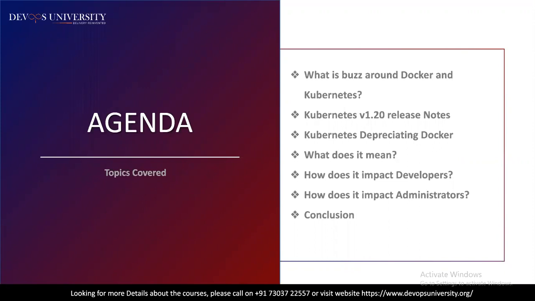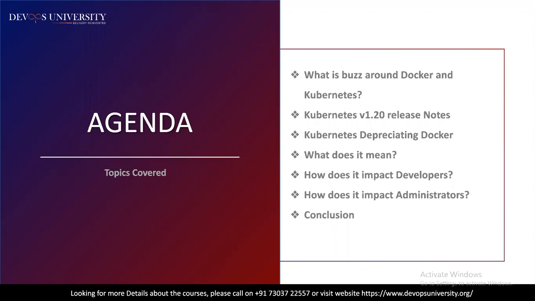What do we understand, and what do we get in the end? And how does it impact us? All these things we are going to cover, and we would also take a look at the Kubernetes version 1.20 release notes, what they tell us about version 1.20.